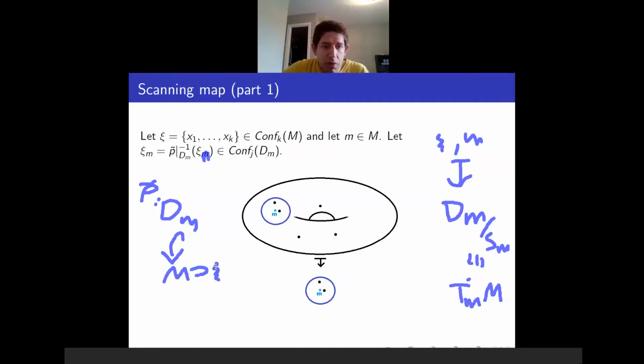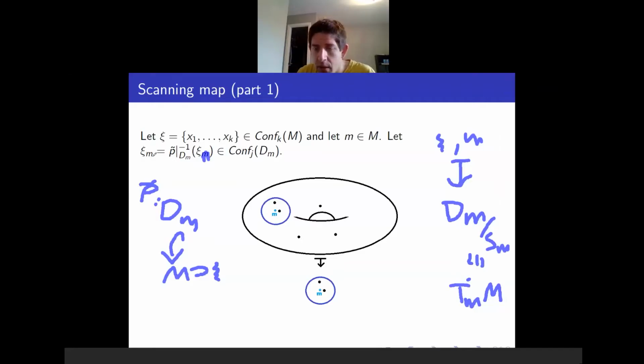What you do is intersect squiggle with the image of this embedding, and then pull back. So given the configuration, you look at the configuration in the disk, and then identify that small disk around M with the disk bundle in M. That's what squiggle sub m is. So in this picture, we have 5 points in squiggle and 2 points in squiggle sub m.